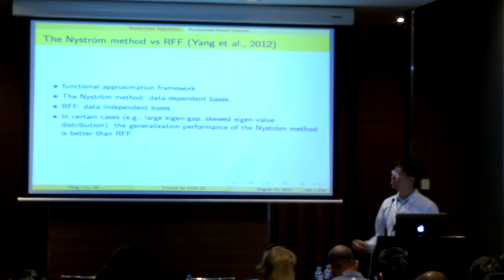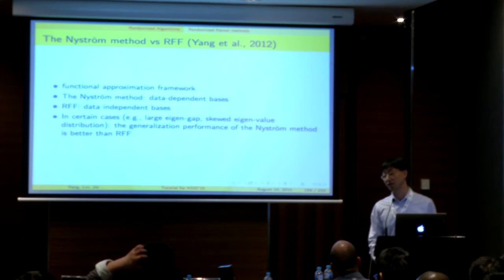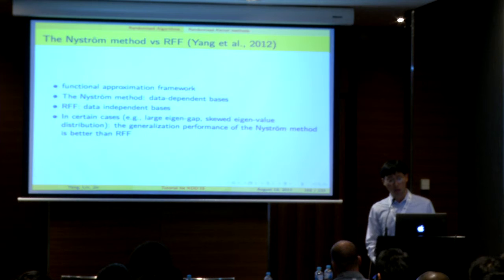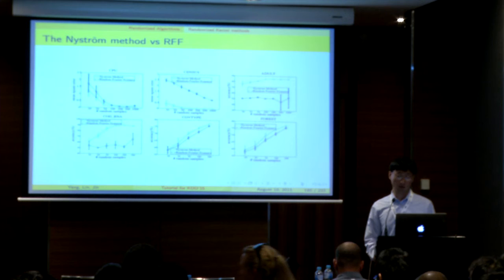We found that Nystrom methods use a data-dependent basis to construct a prediction function, but random Fourier features use a data-independent basis. So in certain cases, for example, when there is a large eigengap in the kernel matrix, when the eigenvalues of the kernel matrix follow a power law distribution, we can guarantee that the generalization performance of the Nystrom method is better than random Fourier features. And actually, we also observe the same phenomenon in real data.